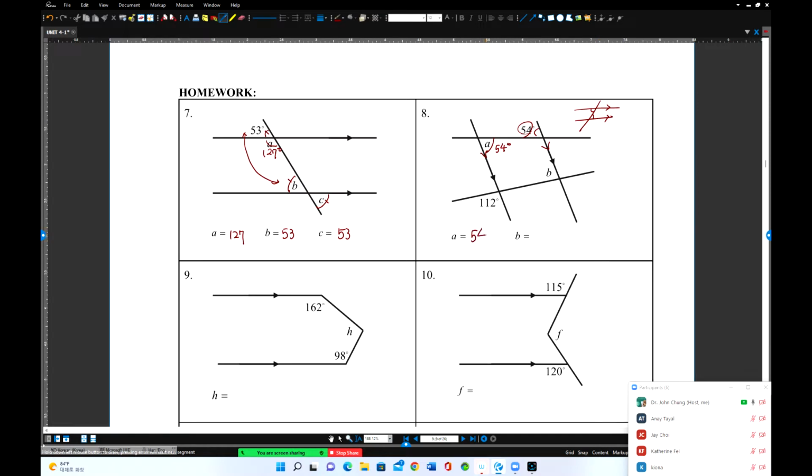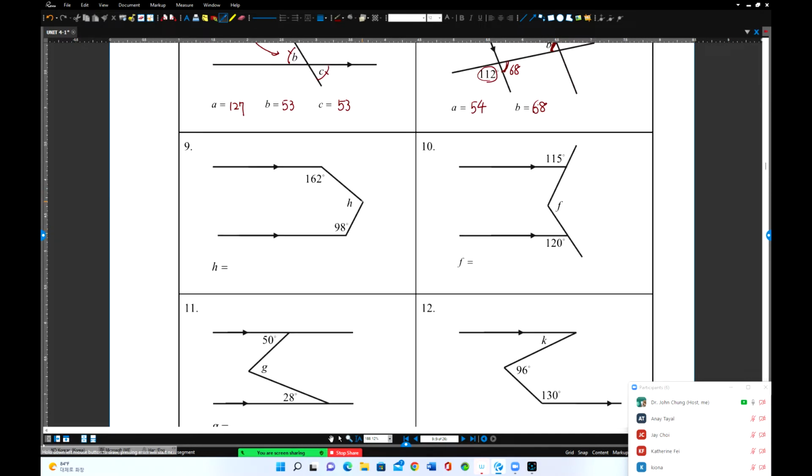A is 54. This is B, this is also B, right? Alternate interior angles. This is not 112. This is outside the 112, inside is how much? 68, okay? 180 minus 112 is 68. And this angle is an alternate interior angle, still 68.